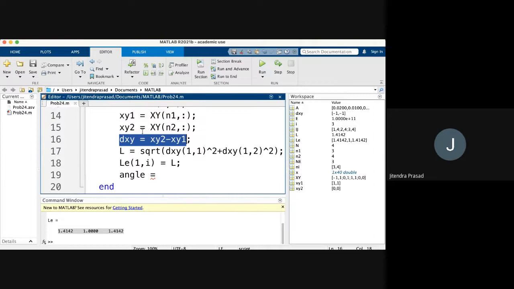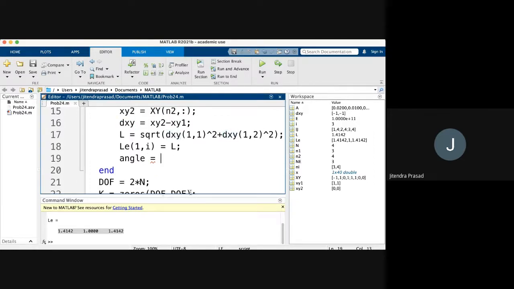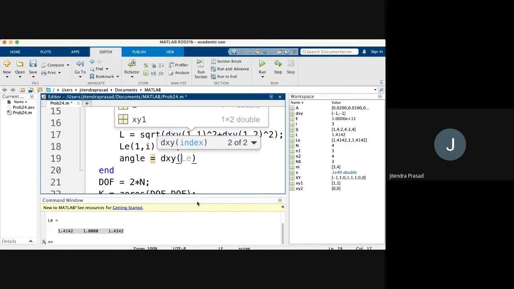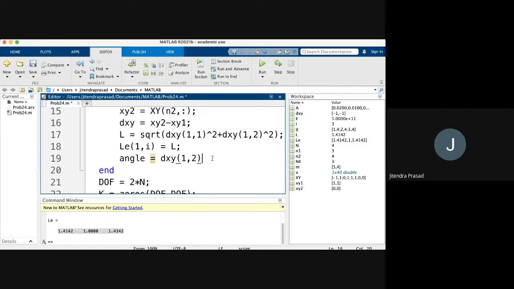Yeah, so we have the dxy, and this will have 1 2, right?